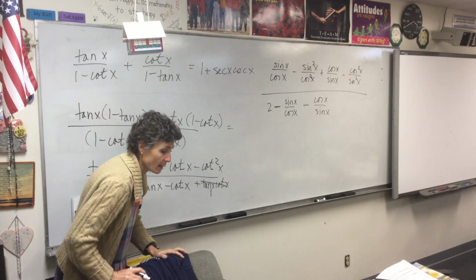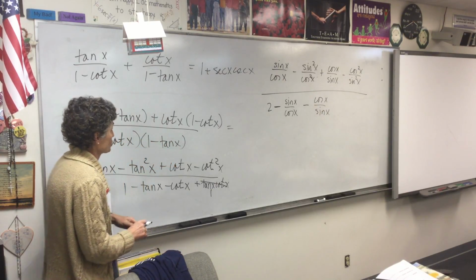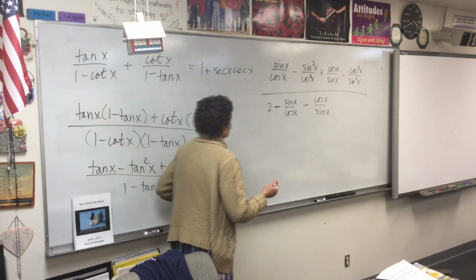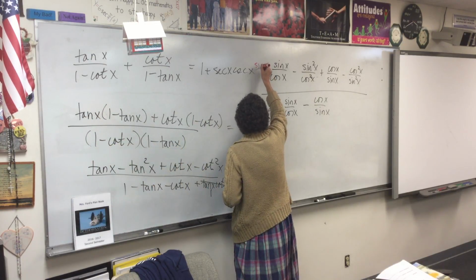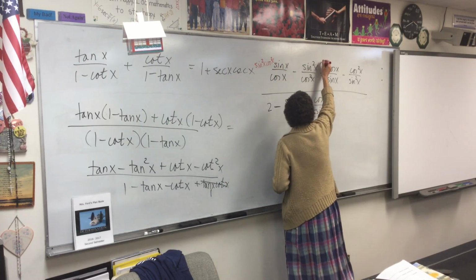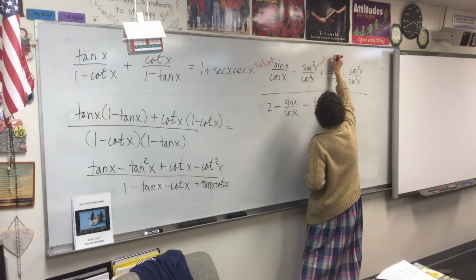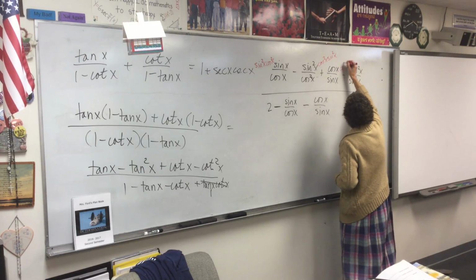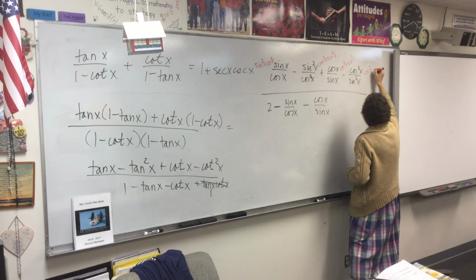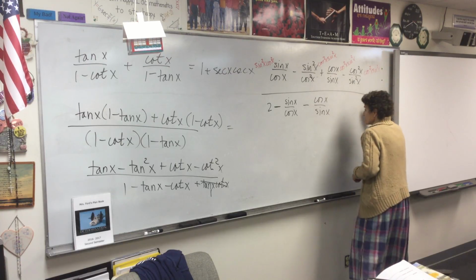What's the common denominator of the whole shebang? Cosine squared, sine squared. All right, so I'm going to multiply everything by sine squared, cosine squared, and get rid of all these fractions. And you're probably going to run out of room on your paper, because this is going to be a long one.